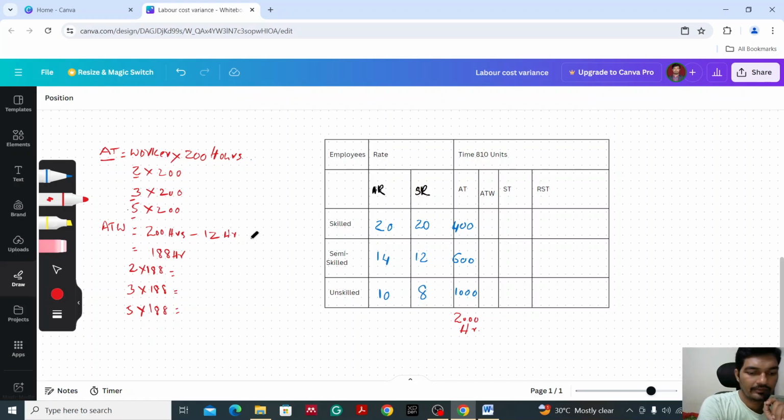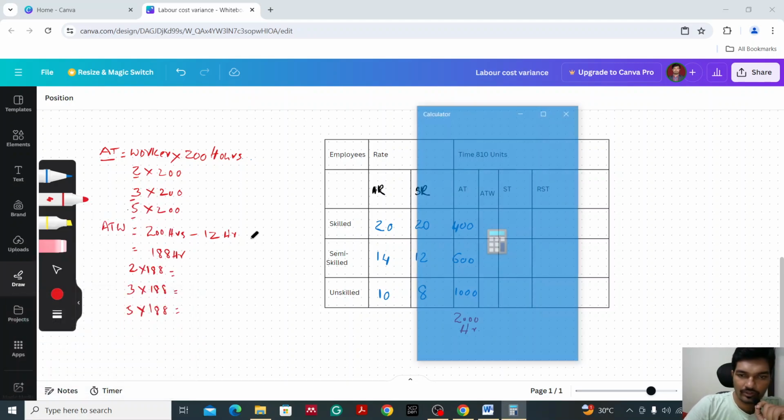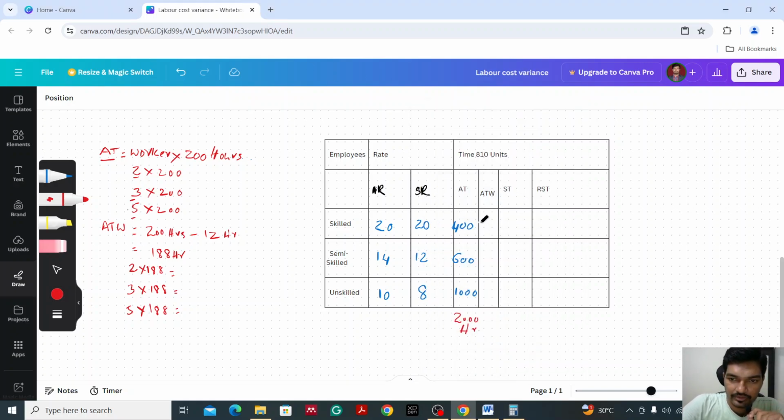2 into 188, we are getting 376, so exactly 376 hours, and 564 hours and 940 hours.